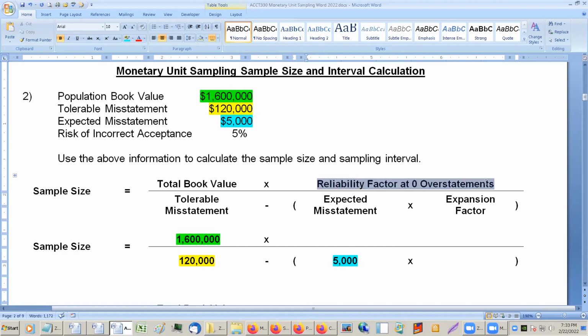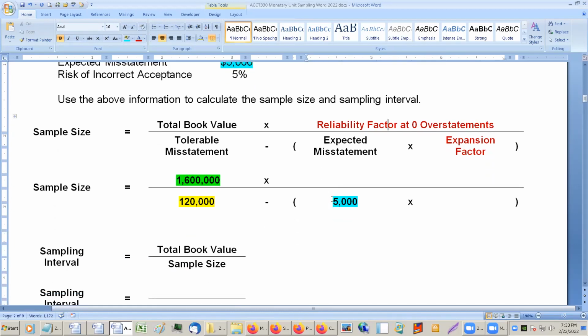Okay, so now we have to grab 2 things that are not so easy. Reliability factor and expansion factors.